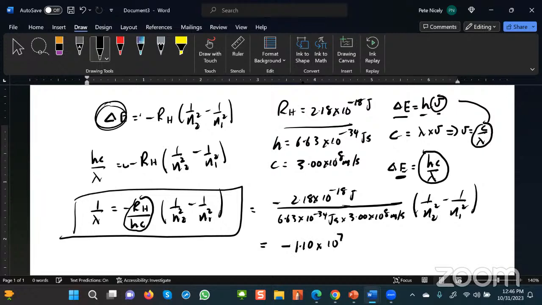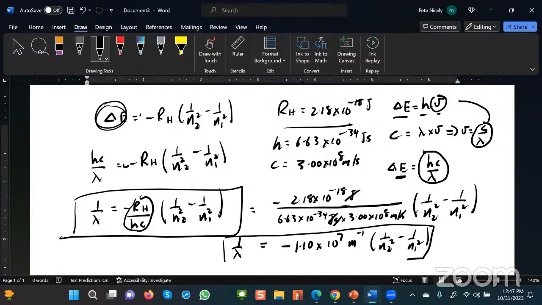In terms of the units, the joules will cancel out, the seconds will cancel out, so the units would be 1 over m, or m to the minus 1. And then the rest would be 1 over n2 squared minus 1 over n1 squared. So basically, 1 over lambda is going to be equal to all of this right here.